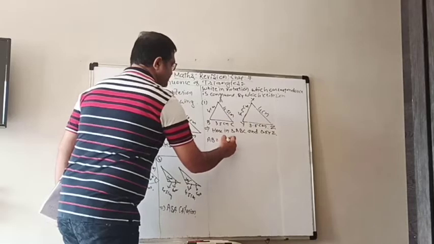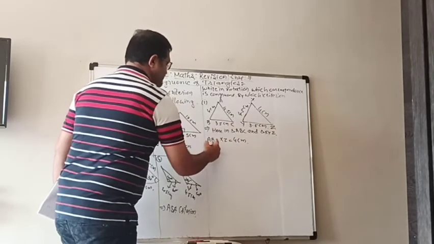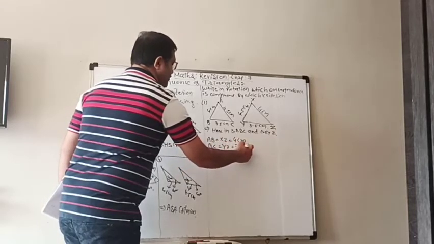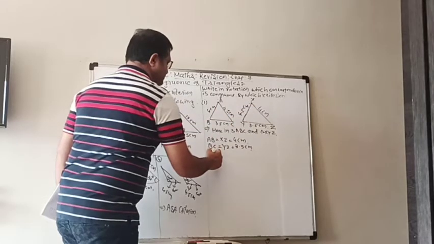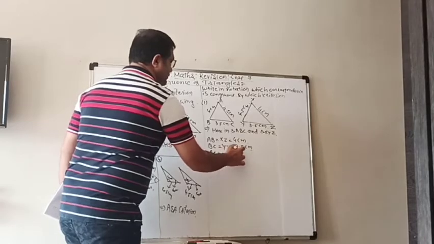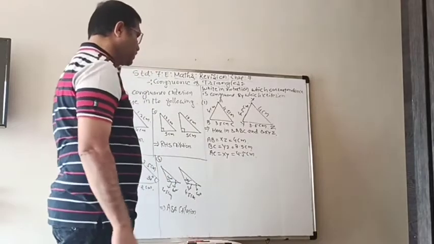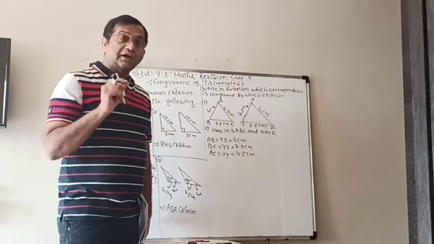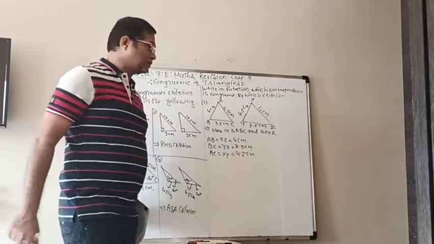XZ, 4 centimeter. Then BC and YZ are the same, 3.5 centimeter, and AC and XY are the same, 4.5 centimeter. So the rule is obvious, SSS, but the important thing is which correspondence.